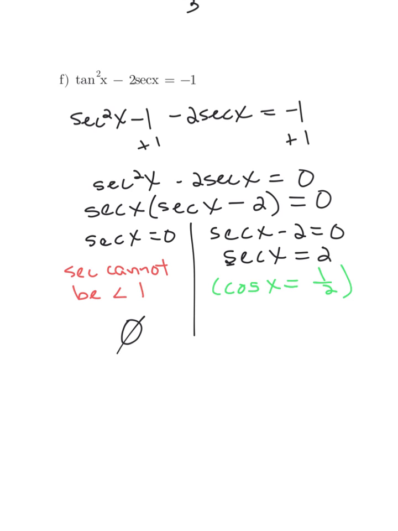And then what angles in quadrants 1 and 4 will have a secant of 2 or a cosine of 1/2? In quadrant 1, the angle where that happens is pi over 3. In quadrant 4, that is 5 pi over 3.